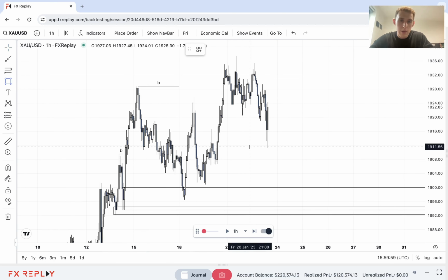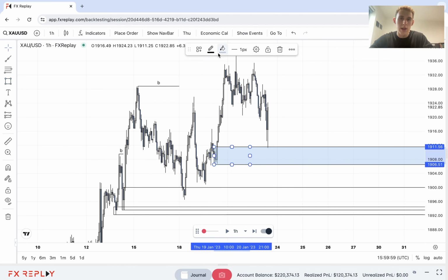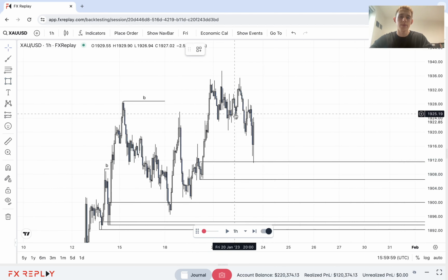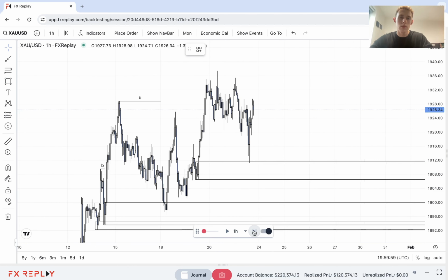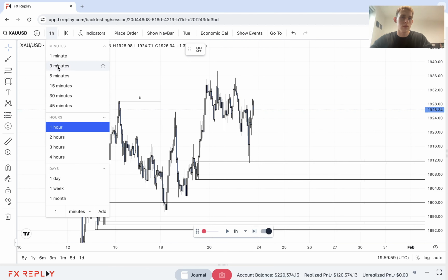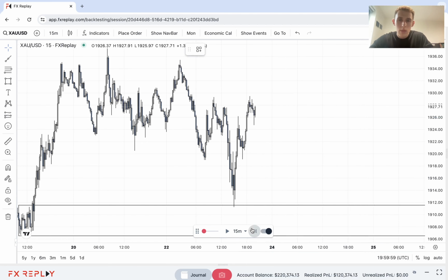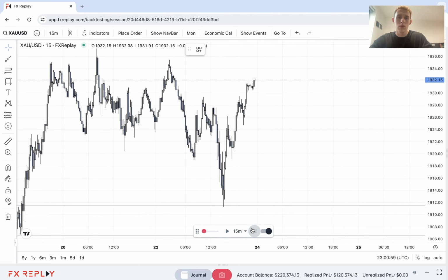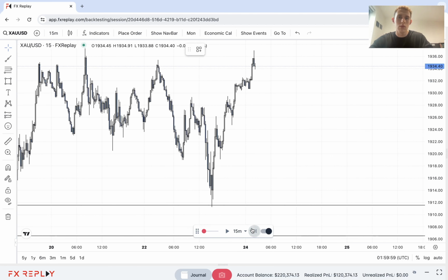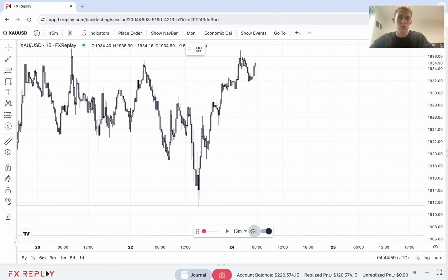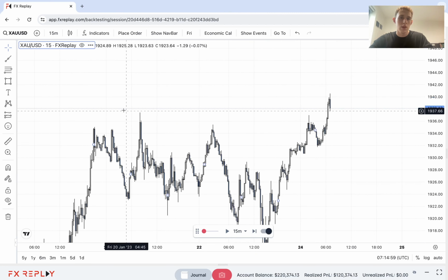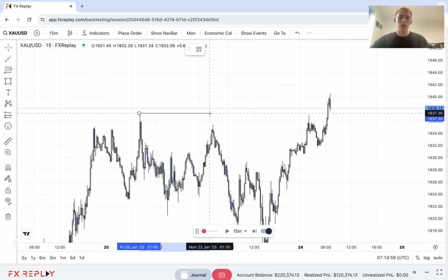The next demand I would look at would be this one, which price has just reacted from. Cool. Further break of the main structure.